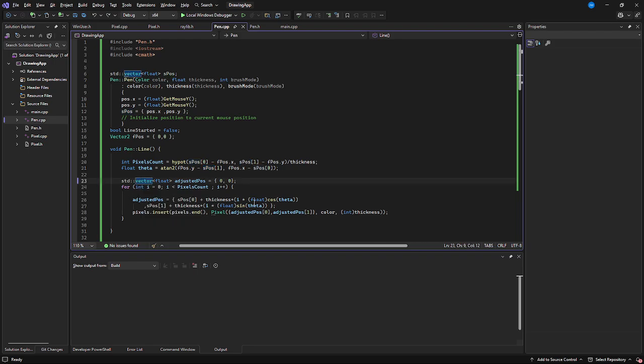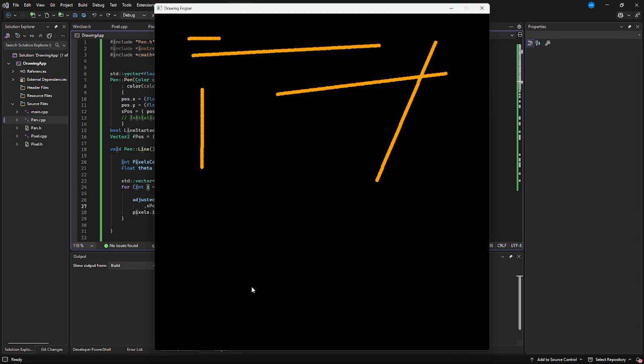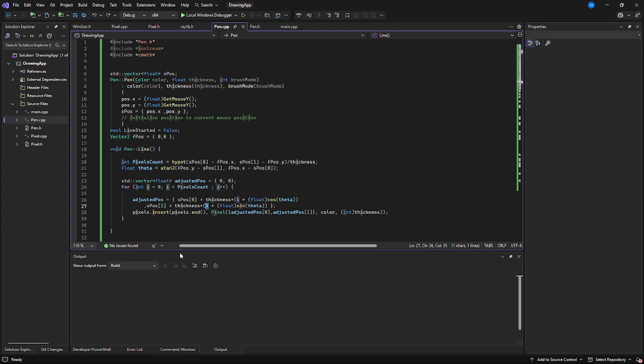If you can see, I defined it here. And then for y, I did basically the same thing: safe position y plus thickness times i, the pixel that we're on, times sine of theta. I did it like this because it allows you to have direction.